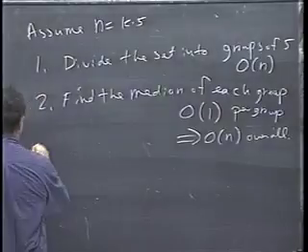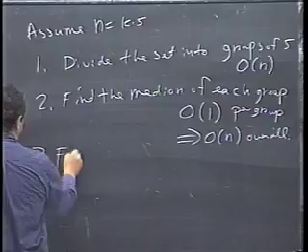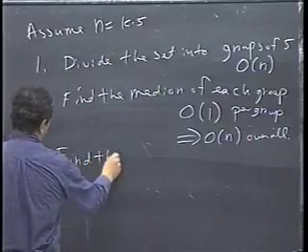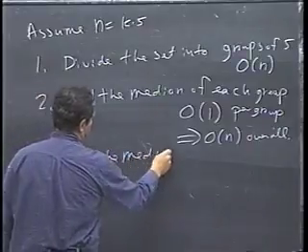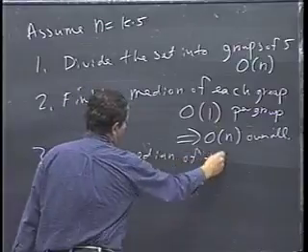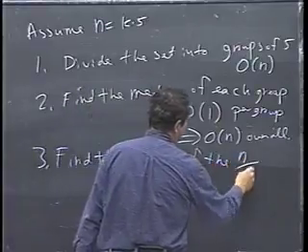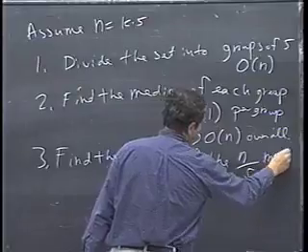Then we want to find the median of the n over 5 medians.